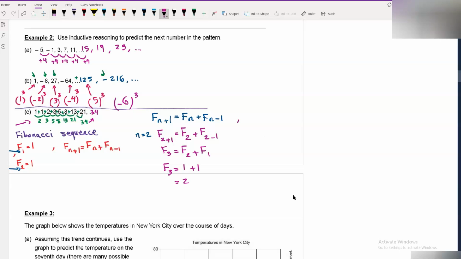The next one, so this was F3, now F4 is equal to F3 plus F2. F5 is F4 plus F3. So this is F3 was 2, F2 was 1. So the answer for this one is 3.